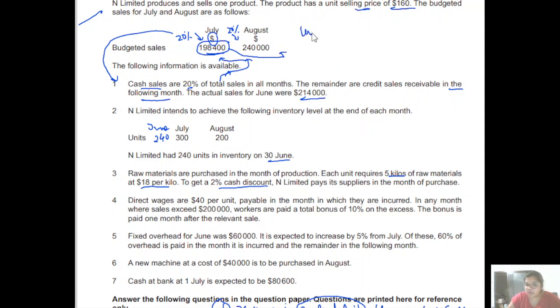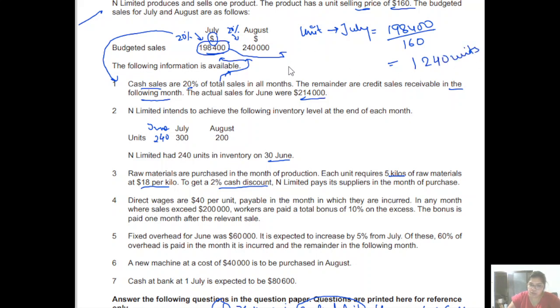If you find out the sales in units for the month of July, 198,400 divided by 160, then for the month of July your sales is 1240 units.